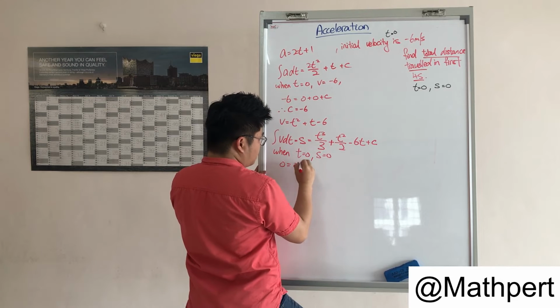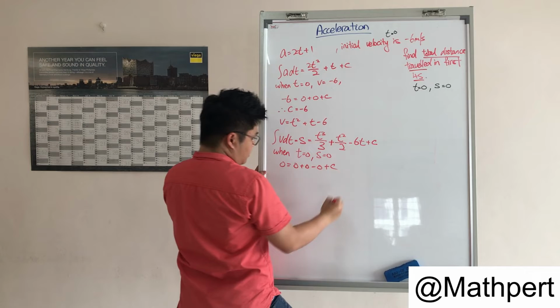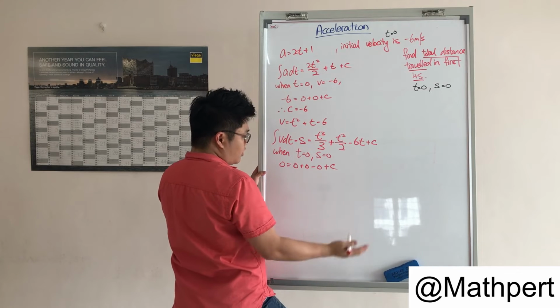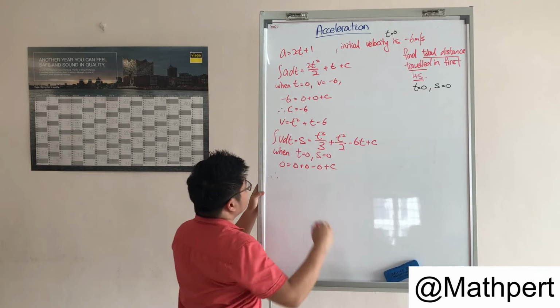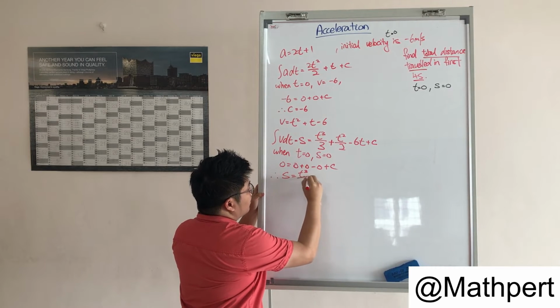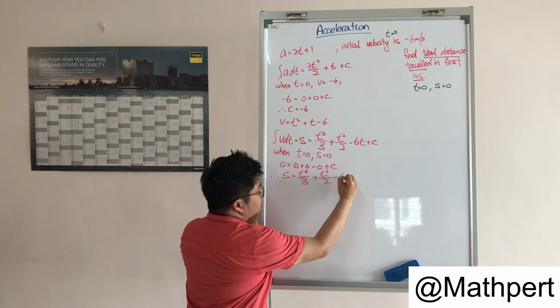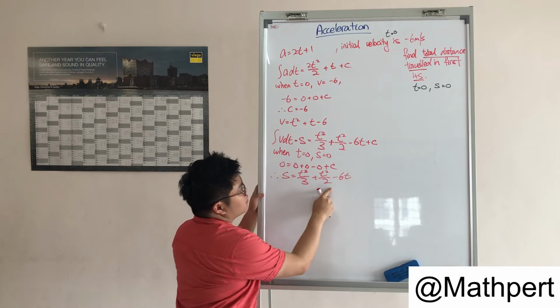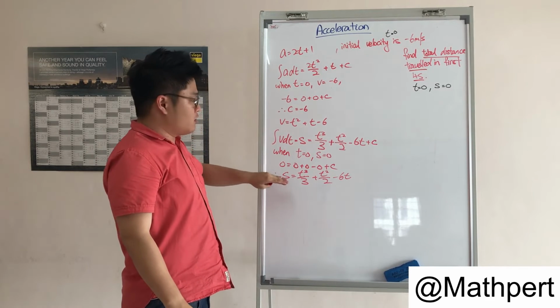So 0 = 0 + 0 - 0 + c, and we get c = 0. Therefore, s = t³/3 + t²/2 - 6t. Now we have the equation for displacement.